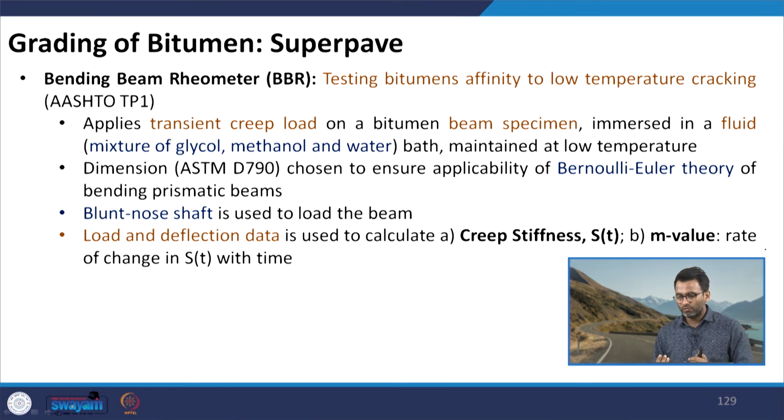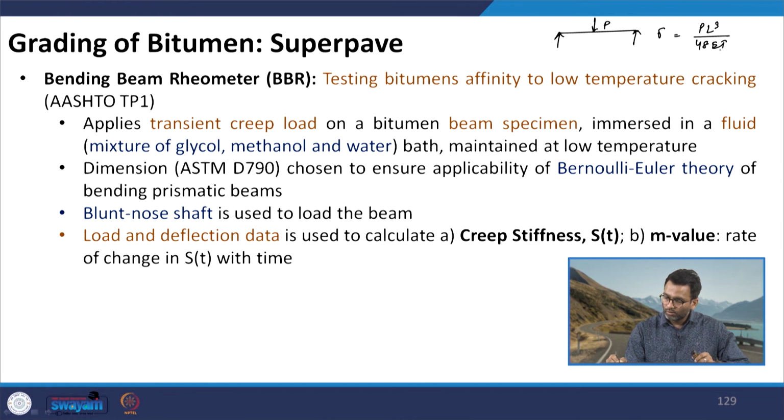One is the creep stiffness. If you remember from the simple concept of mechanics of solids, for a 3-point bending test, if this is the load P, then delta can be written as PL cube by 48 EI. This is the conventional formula. Here E is the stiffness or the elastic modulus, and I will be 1 by 12 BH cube because this is a rectangular specimen.